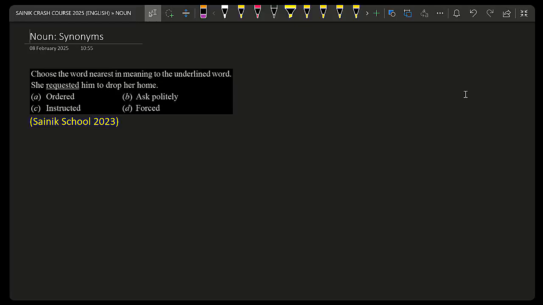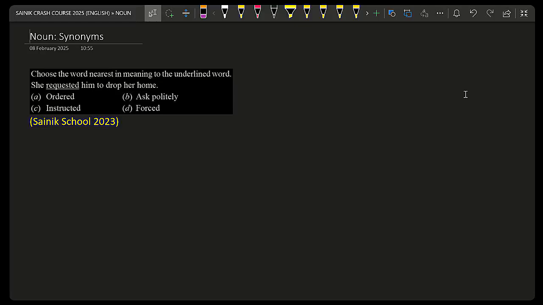What is instructed? Instructed means what? Police instructed you like that, sir. Yes, whenever a teacher gives any instruction to write an exam or what are the things to follow, elders or teachers will give instructions to follow. She is not giving any instruction to ask for help.